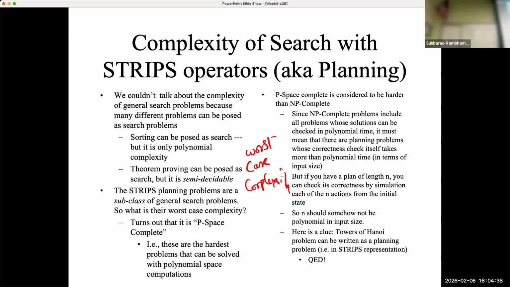All of a sudden, you don't need to worry. You only see up to length k. So that again gets into NP's class. That's called bounded length planning. So strips planning normally is p-space complete, but for bounded length, it's in the class of NP hard.